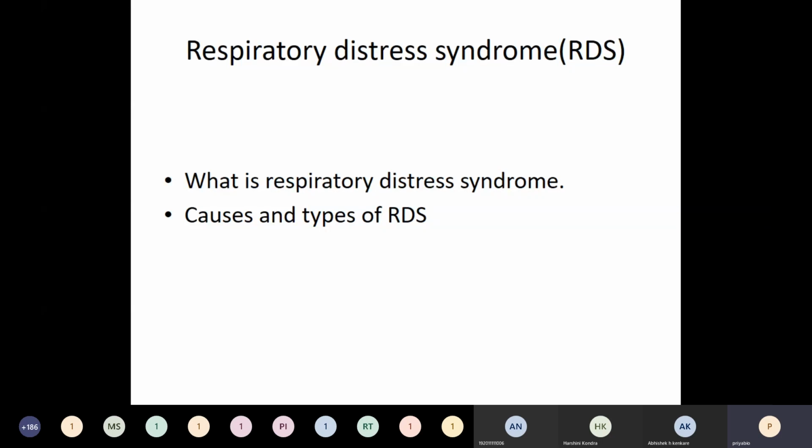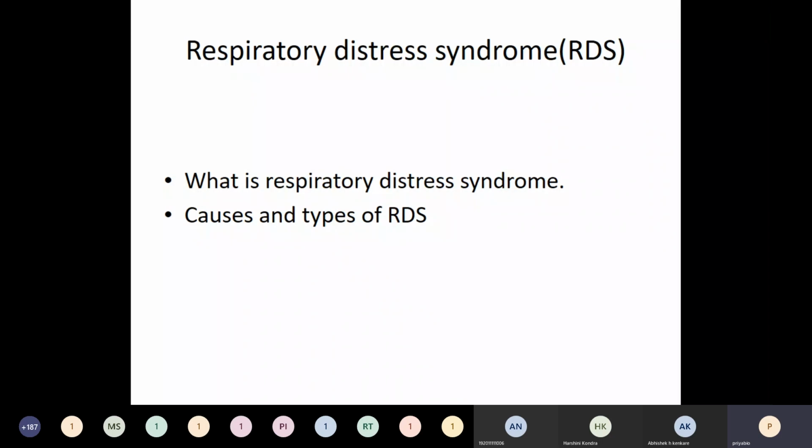That is because of surfactant. You all know about the surfactant, that is dipalmitoyl lecithin. Respiratory distress syndrome in neonates is also called hyaline membrane disease. So the pulmonary surfactant is deficient.